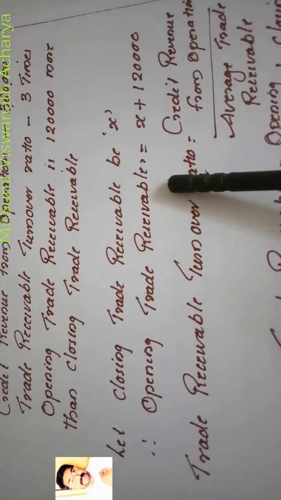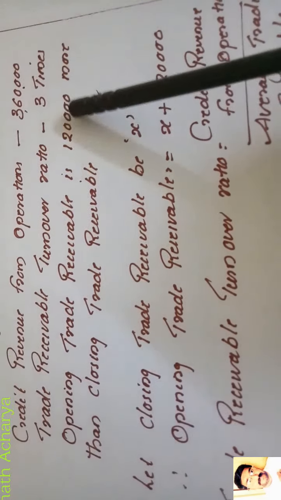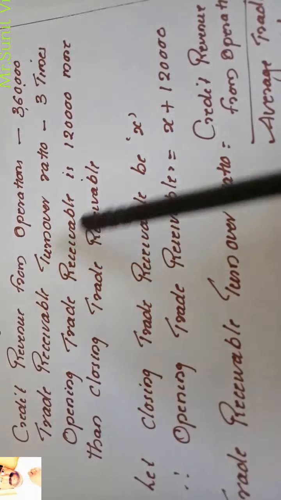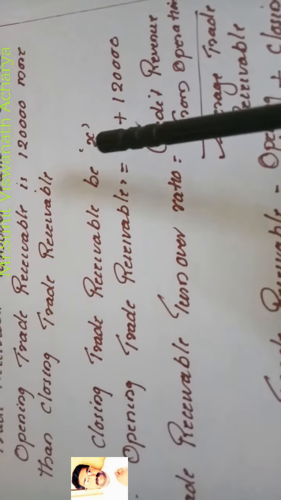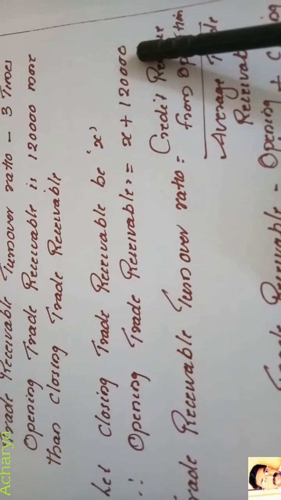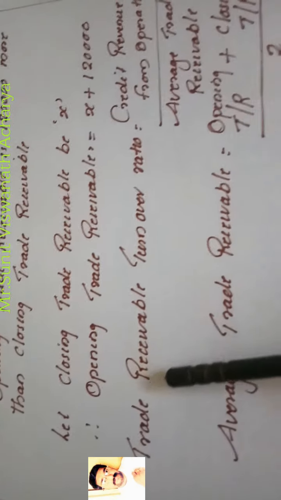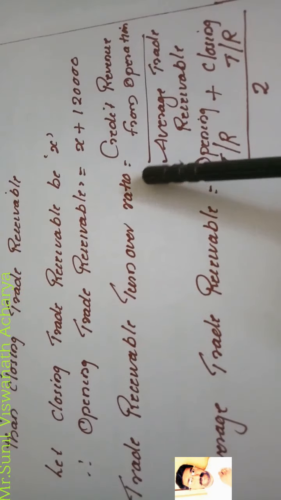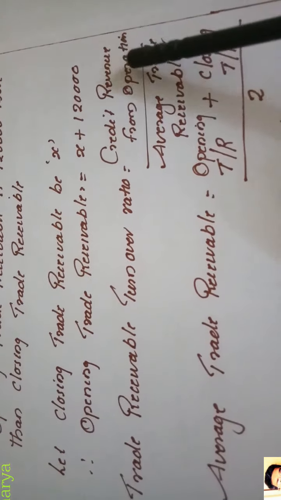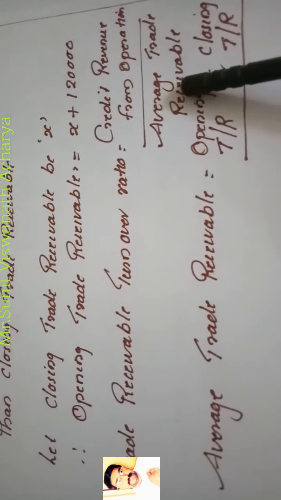Then opening trade receivable, how much will it become? Here it is given opening trade receivable is 1,20,000 more than the closing. So closing is X, then opening will be X plus 1,20,000, because it is 1,20,000 more than the closing. Now trade receivable turnover ratio, we know the equation: credit revenue from operation divided by average trade receivable.